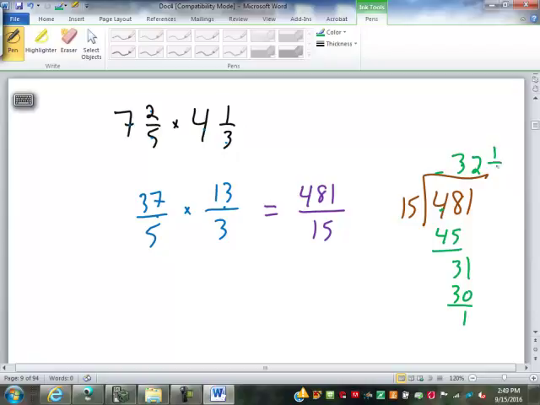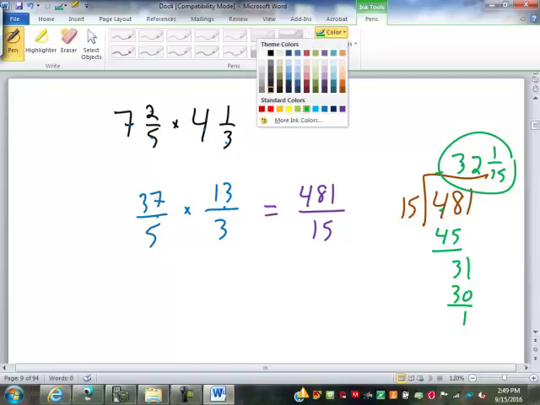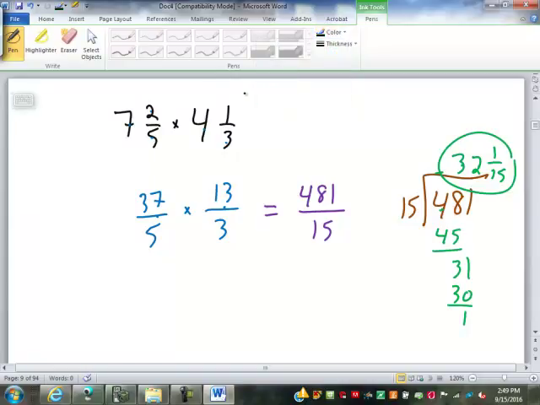So 32 and 1/15. In this part here, all you're doing is dividing how many times 15 goes into 481. Just doing the whole long division. Otherwise, you just do 481 divided by 15, you'll get 32. And then 32 times 15 is 480, so you can see there's 1 left over.